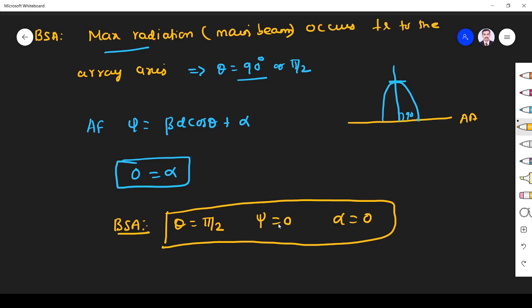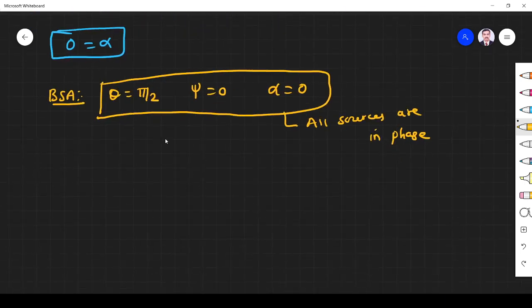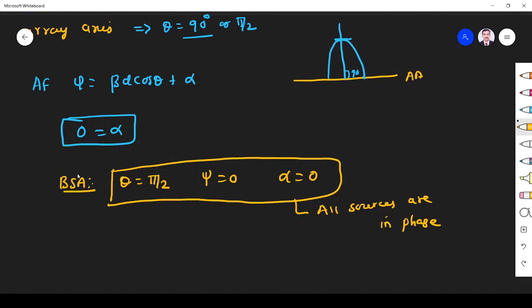Psi 0 indicates maximum radiation. Alpha 0 indicates progressive phase shift is 0. That means all sources are in the same phase. Clear? So these parameters we first remember before we start deriving the direction of maximum radiation, minimum radiation, etc.